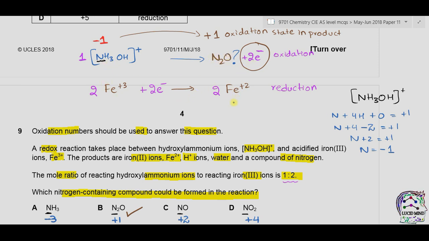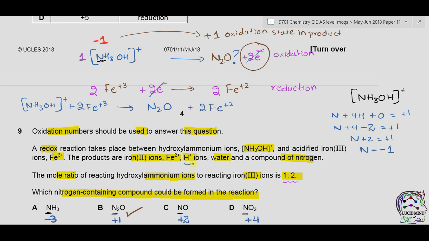Now we can write the overall balanced equation. We have 1 mole of NH3OH+ and 2 moles of iron 3+. The number of electrons lost and gained is cancelled out. The product is N2O. The second product is Fe2+.